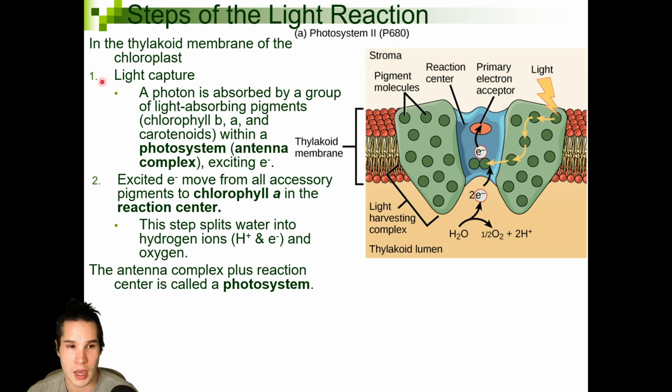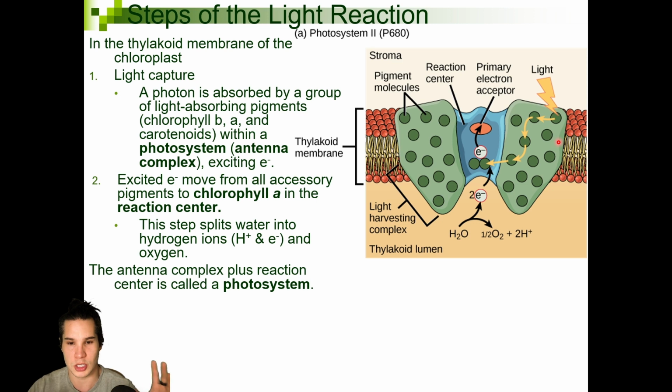So to start off, we have light capture, and that's where a photon is absorbed by a group of light-absorbing pigments: chlorophyll A, chlorophyll B, carotenoids, or accessory pigments. And that energy is captured by an antenna complex. You could view an antenna complex like you would view a satellite dish.